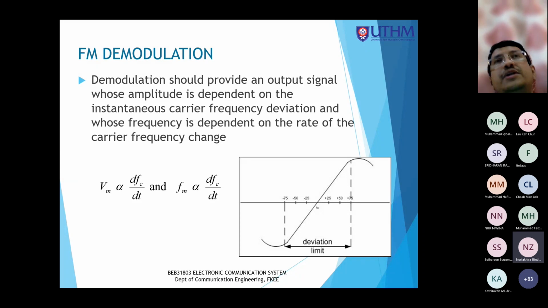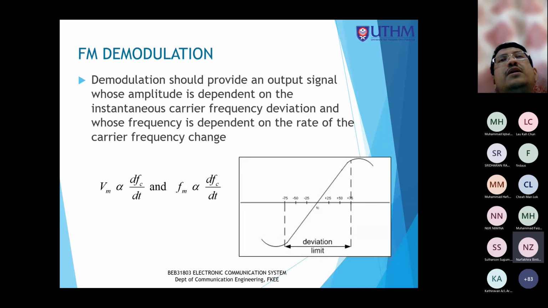So FM demodulation is the process that happens at the receiver. Okay. So at the receiver side, we transmit the FM signal from the transmitter to the receiver. If you remember in the AM process where we do the demodulation, it is at the end of the receiver part, because at the beginning of the receiver we have many other processes.